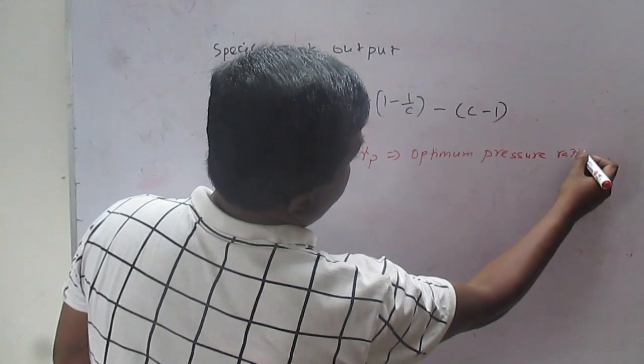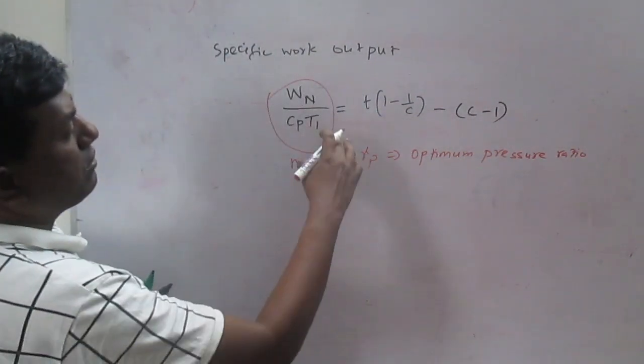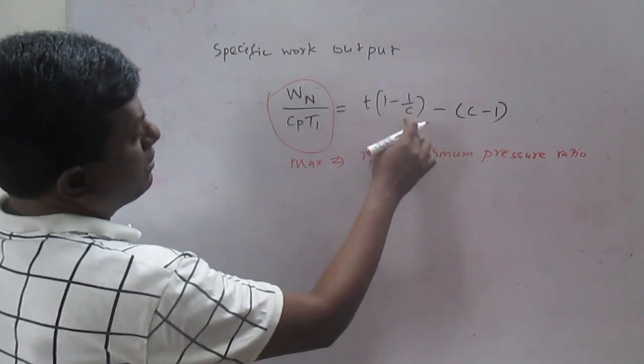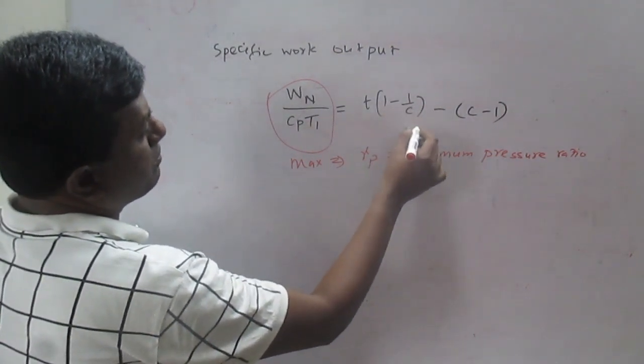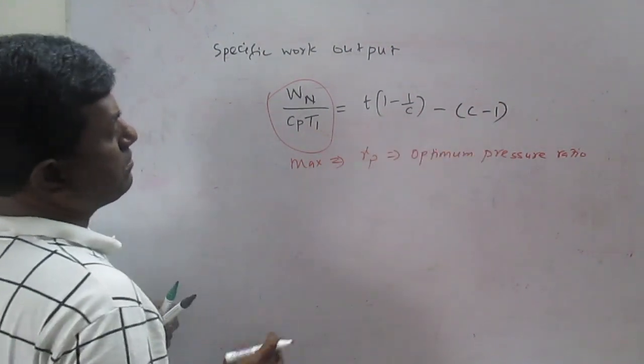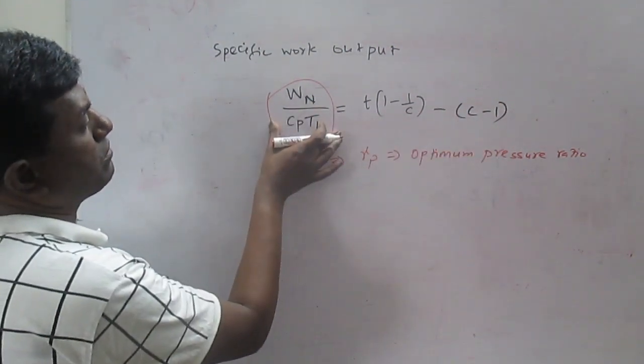So how this quantity, the optimum pressure ratio, whenever this quantity is optimum, then this will be maximum. That is the idea.